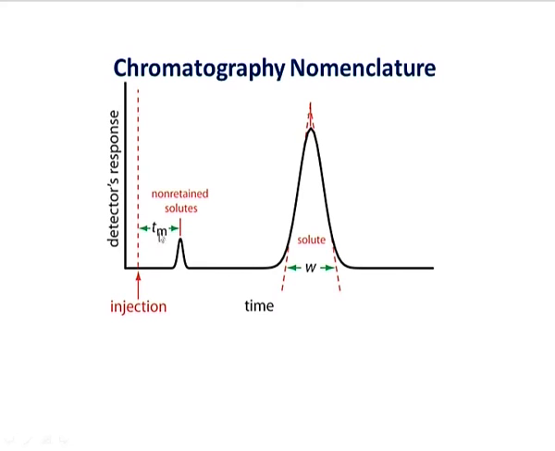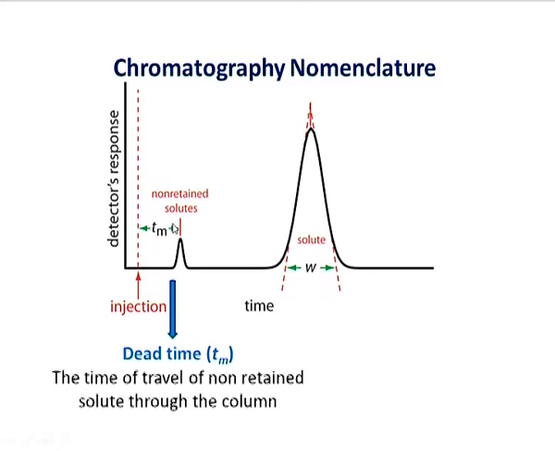That also indirectly means it is the time taken by the mobile phase to pass through the column. It is denoted by Tm, and this Tm is also called dead time. It is the time of travel of a non-retained solute through the column.